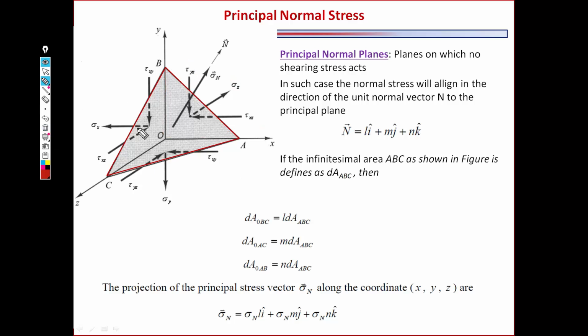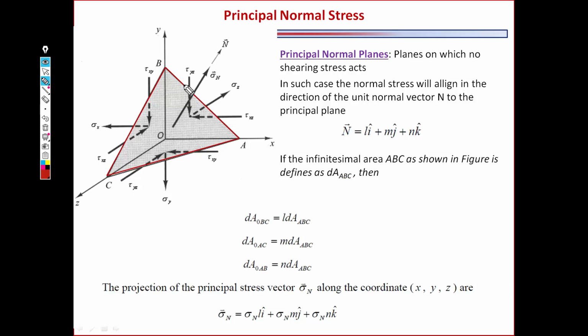The next face is represented by the triangle O, C and A. This face is subjected to one normal stress, represented by sigma yy, and two shearing stresses, tau yz and tau xy. So we are interested in this case in calculating the values of the principal normal stresses.